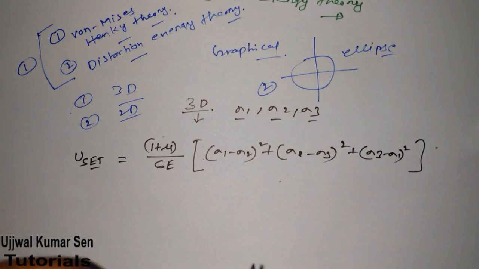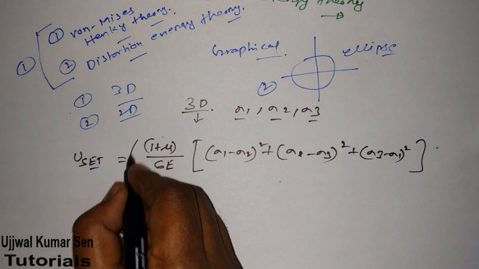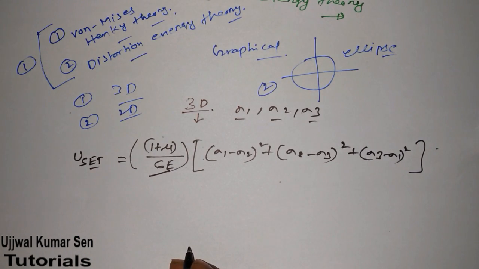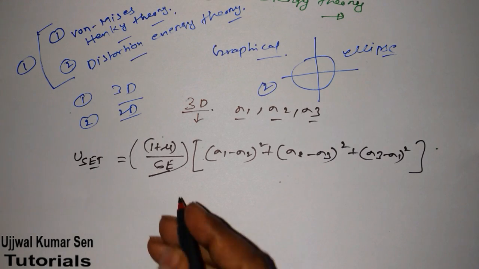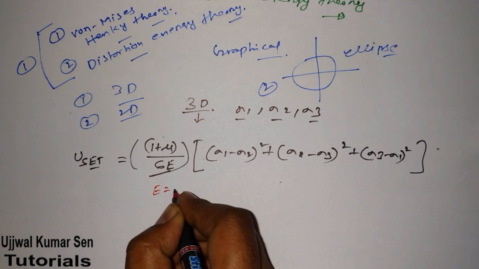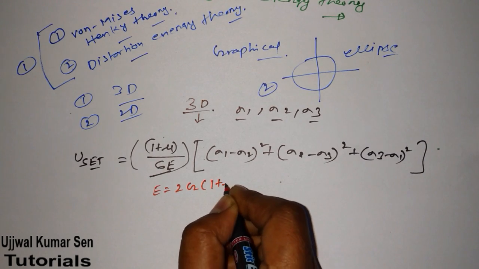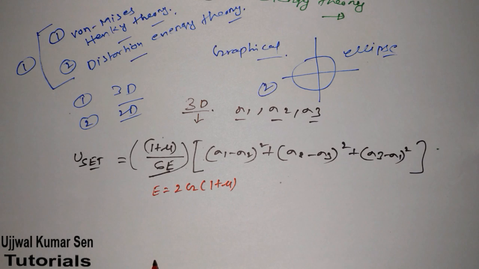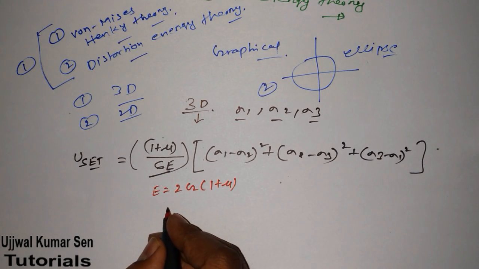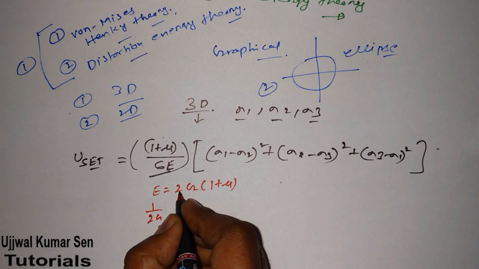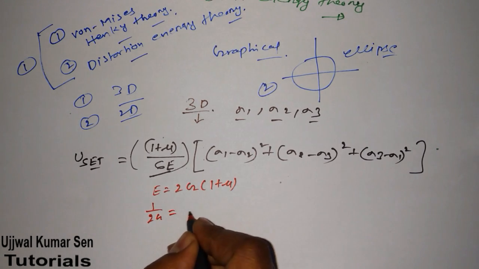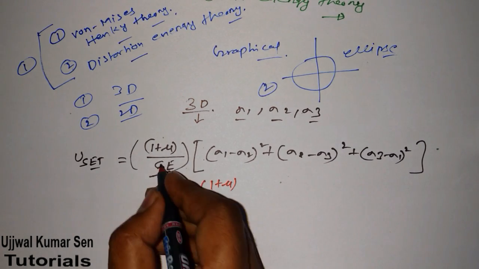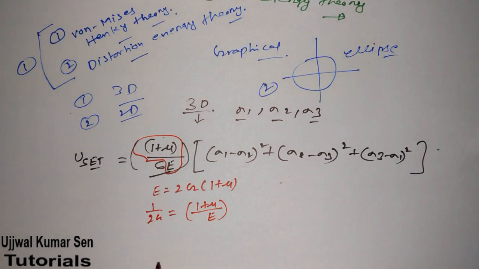Now one thing we can do here is a simplification of this part, because we know from the elastic constant relation that E is equal to 2G(1 plus mu). So we transfer the 2G to this side, and (1 plus mu) by E becomes 1 by 2G.